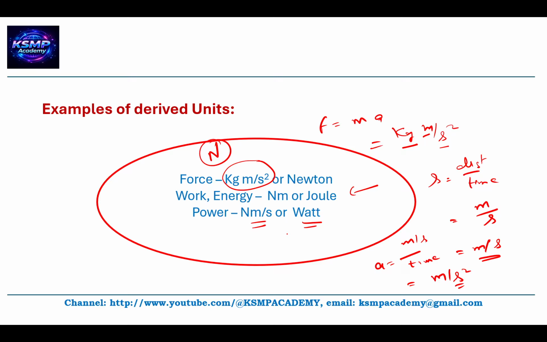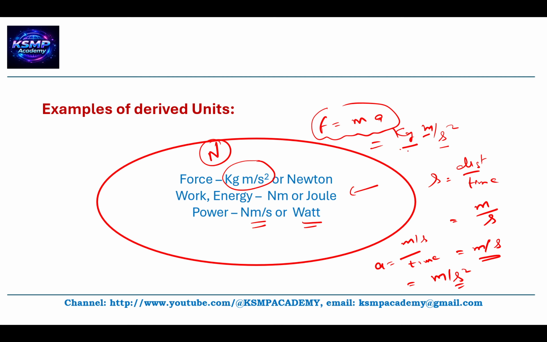So what we look at here is that if we don't remember the derived unit, but we remember the formula for that particular physical quantity, we can obtain the derived unit. For example, for force we have the formula F equal to ma.